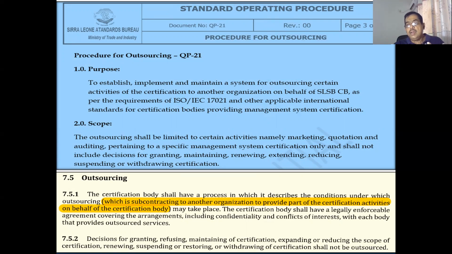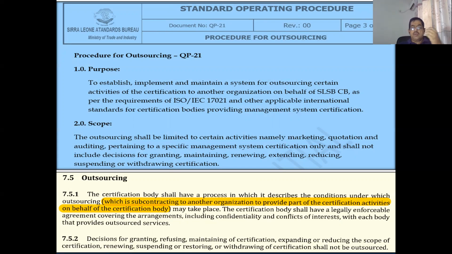And you will train your auditors so that there should be no need to send the auditors from your country. Initially, definitely, you have to send the auditors from your original management system certification body from Sierra Leone. But later on, you have to train their auditors so that there should be cost effectiveness.